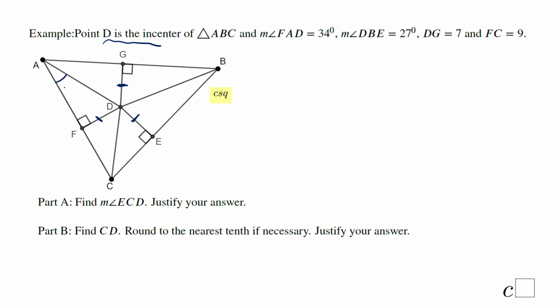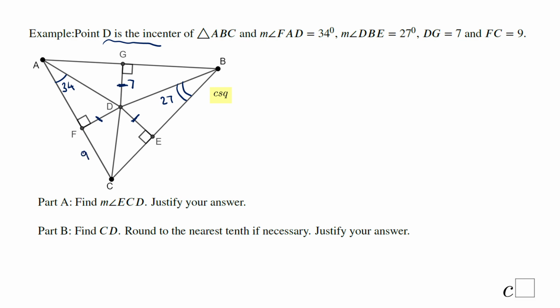DBE, this one I'm going to mark different. This is 27 degrees. DG is 7. And FC is 9.